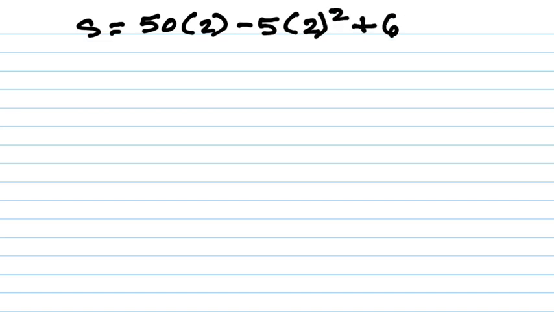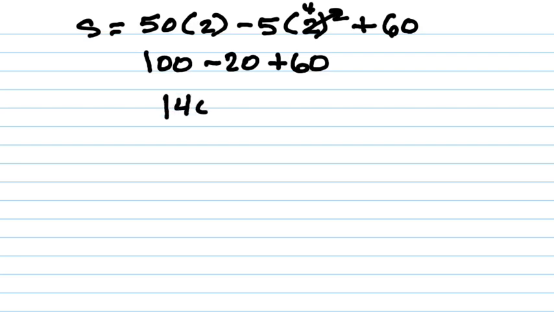So s is equal to 50 times 2 minus 5 times 2 squared plus the 60 that I found, which gives me 100. 2 squared is 4 times negative 5 is negative 20 plus 60, which gives me 160 minus 20, which is 140. And that's an s, so I need a unit. What kind of units? Meters.